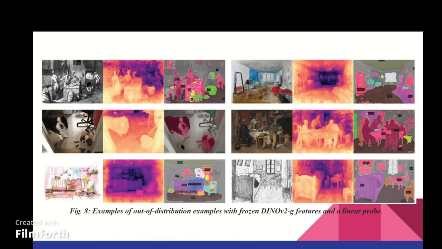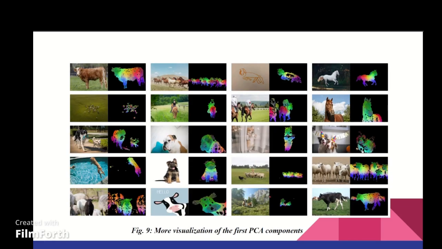So these are the results from the OpenCLIP, and these are the results from DINOv2. Here is the visualization of the first PCA component. So you can see DINOv2 very well extracts the PCA components.